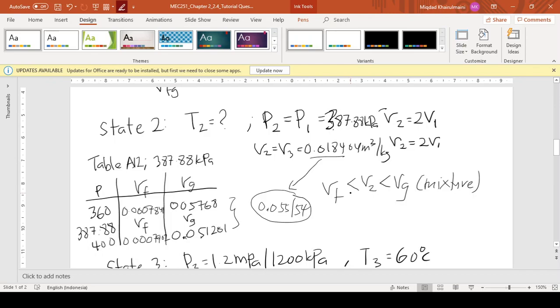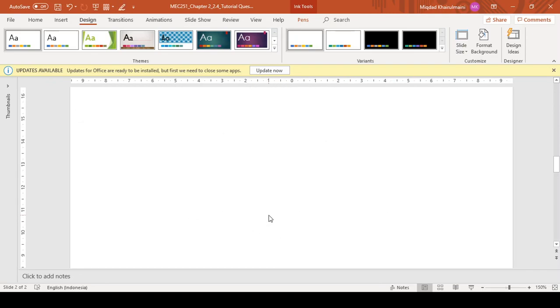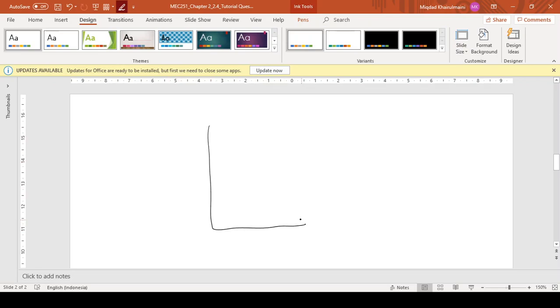So state 1 mixture, state 2 mixture, state 3 superheated. Next is to draw the PV diagram. We have the PV axis. Don't forget the saturation line. The line running through the PV diagram is the temperature line.